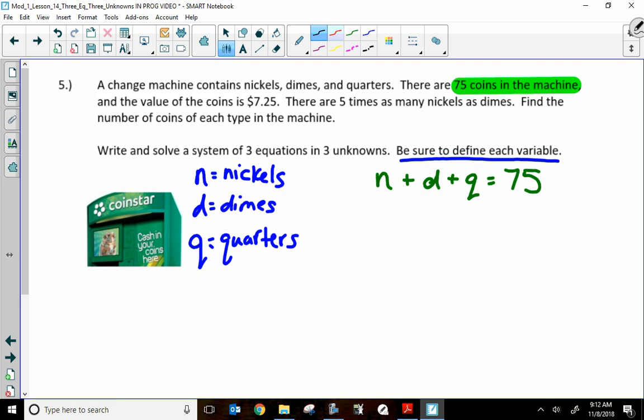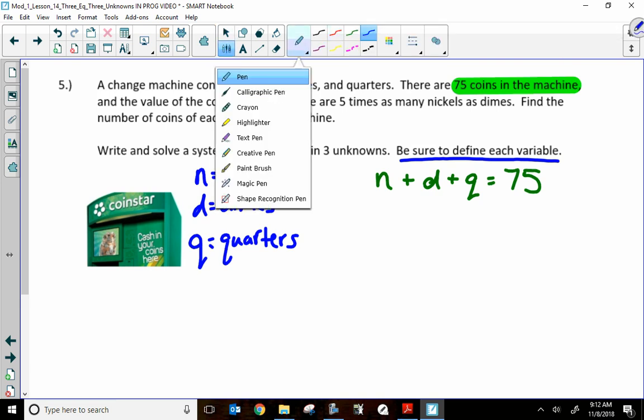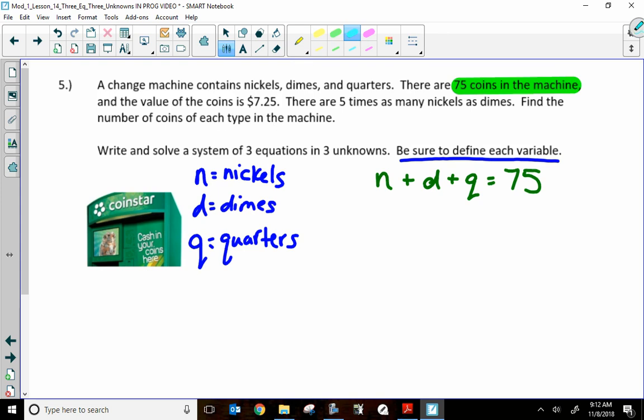Let's look at our next one. Oh, I hate to use blue and blue again, but let's do it because blue's a cool color. The value of the coins is $7.25. What does that mean? If I take my coins and I figure out their worth, 5 cents for every nickel.